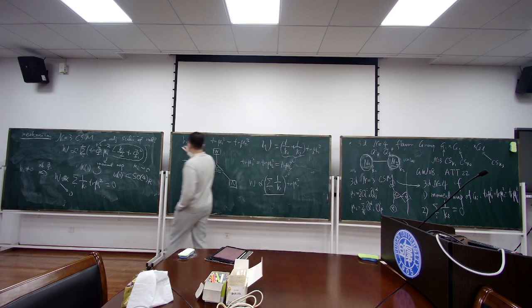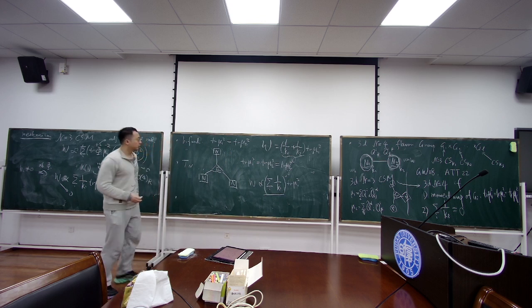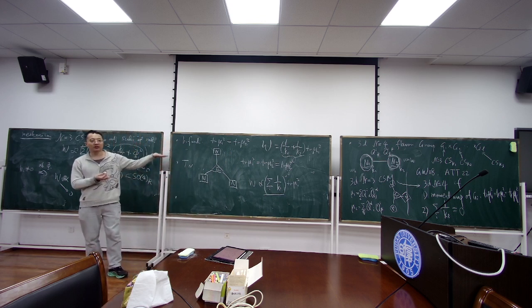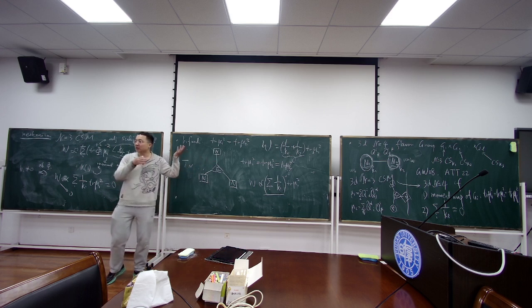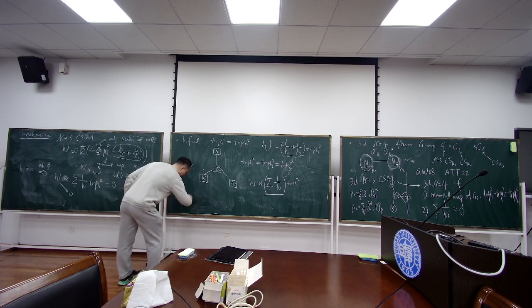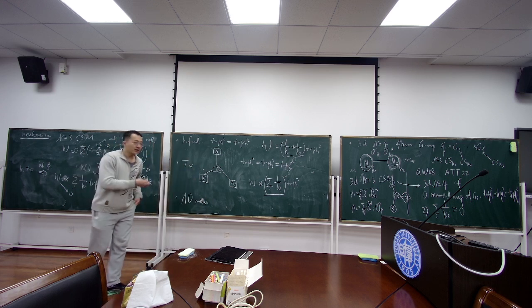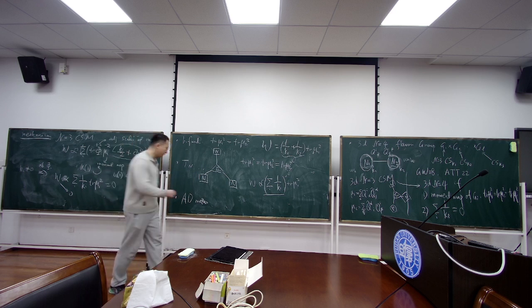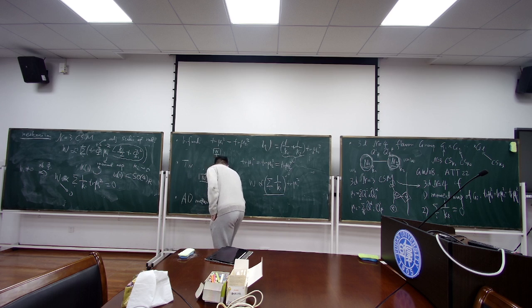So actually, there are more theories. For all these things, I started with some 4D N equals 2 theories with flavor symmetry and such constraints on the moment map, and then compactified on 3D to get 3D N equals 4 matter theories, and then coupled. So actually, you can also start with the Argyres-Douglas matter theories, which I will not talk about in detail, but there are some Argyres-Douglas matter theories with flavor symmetry G1 times G2.